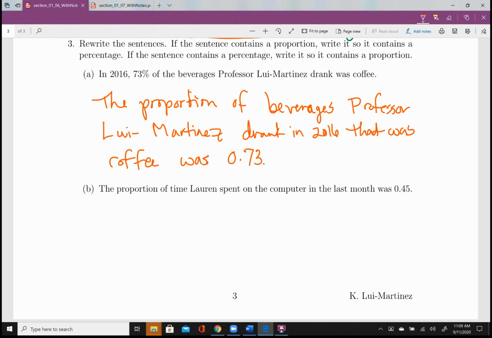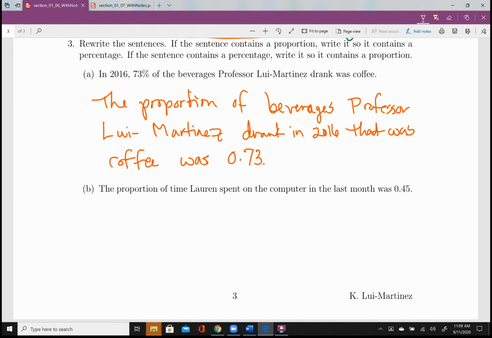Now for part B, clearly you see the word proportion right away in the first part of the sentence. So we're going to convert part B's sentence into a percentage. But let's go ahead and read it together. The proportion of time Lauren spent on the computer in the last month was 0.45. So converting 0.45 to a percent is hopefully at this stage relatively easy for everybody.